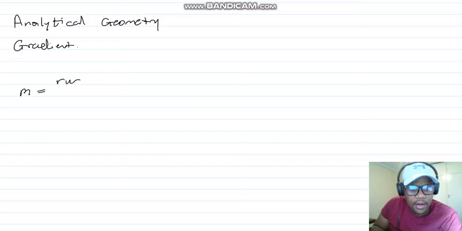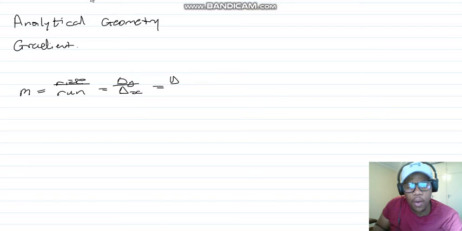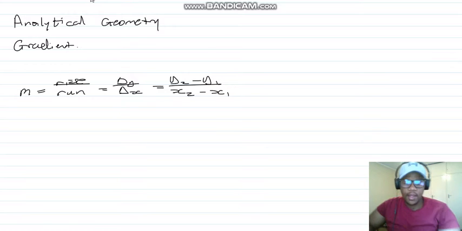Let's start by saying that it's given by rise over run. Then it's given by change in y over change in x. Then it's given by y2 minus y1 over x2 minus x1. I'm more happy with that, right?